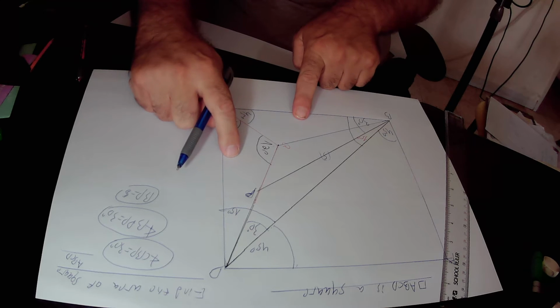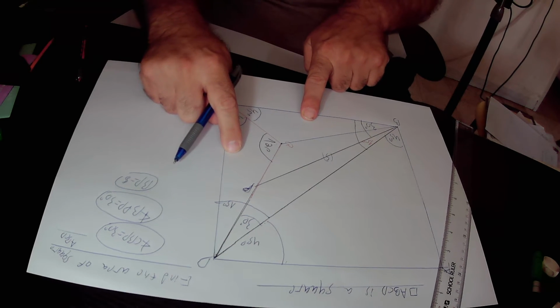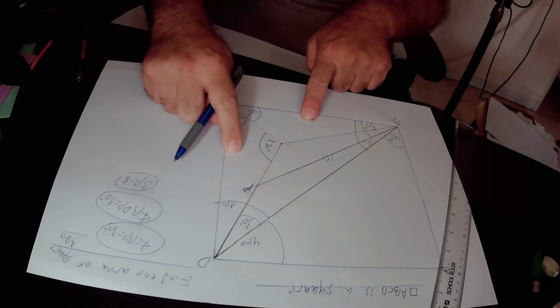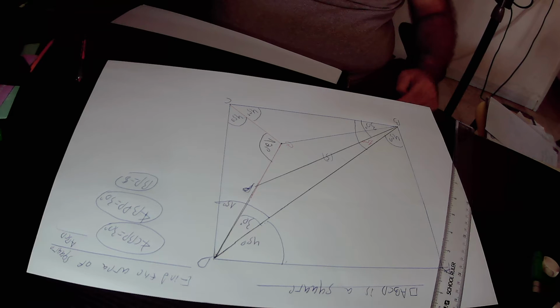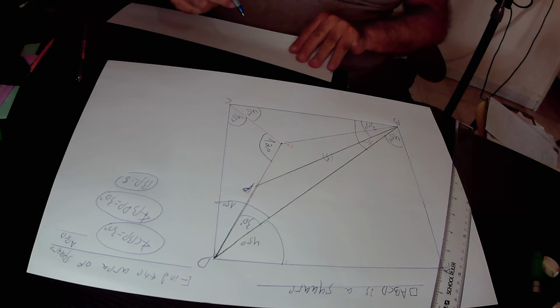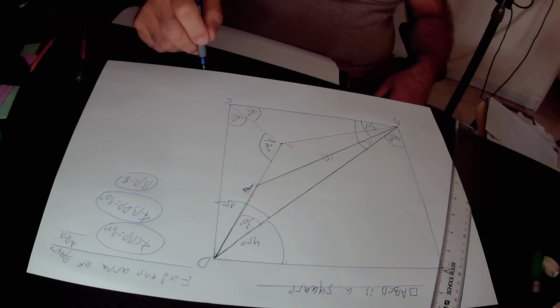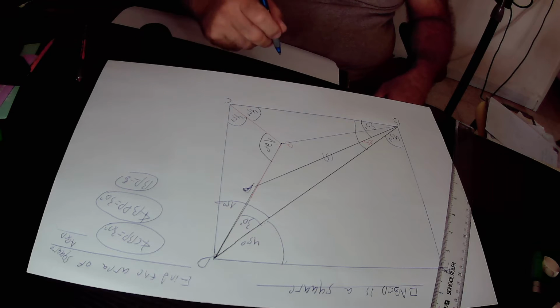We prove that those two triangles can go into each other according to the side-angle-side rule.